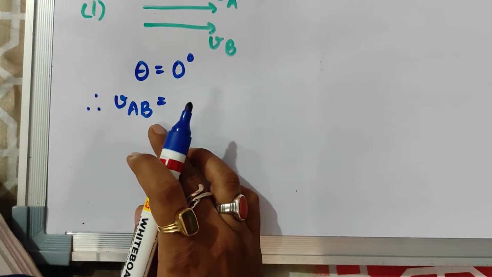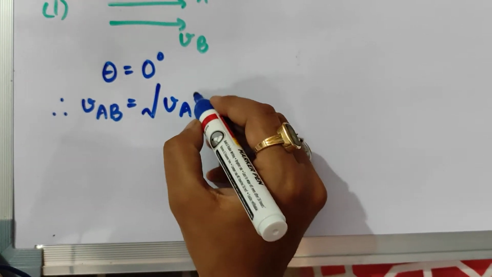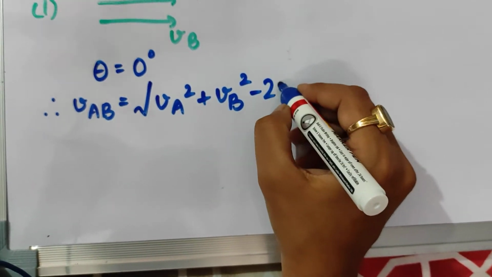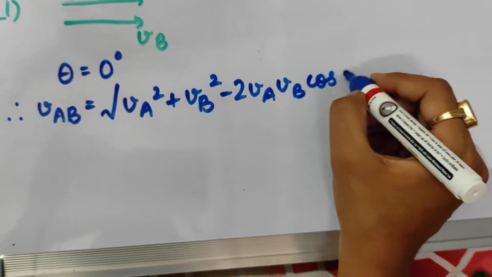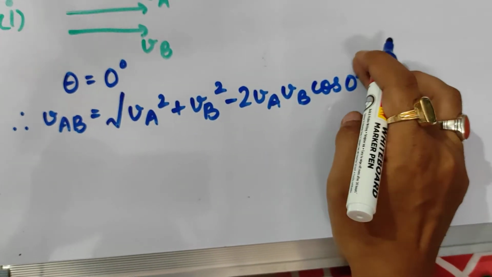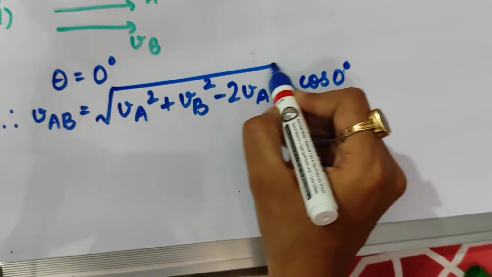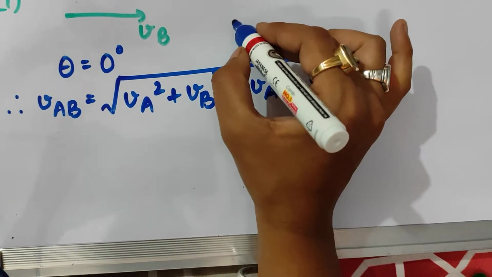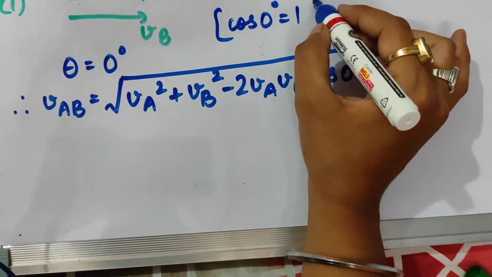So we will put the value of theta in this and find out the value of VAB. If we write it down again, VA square as it is, then VB square minus 2 VA VB, and what is the value of theta here? 0 degree. So it will become cos 0 degree. What is the value of cos 0 degree? We know that cos 0 degree is equal to 1.